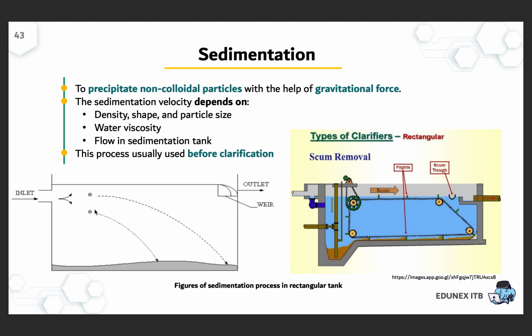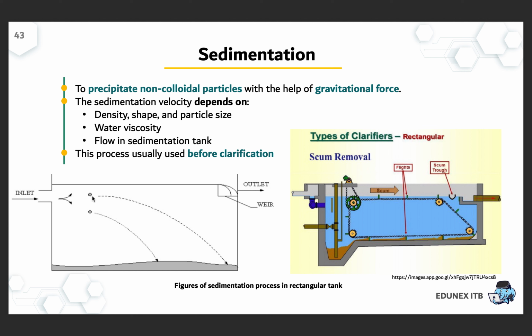The particle below here has a higher density than the one up there. So when they enter the sedimentation tank, the particle with higher density will settle faster than the one that has lower density.